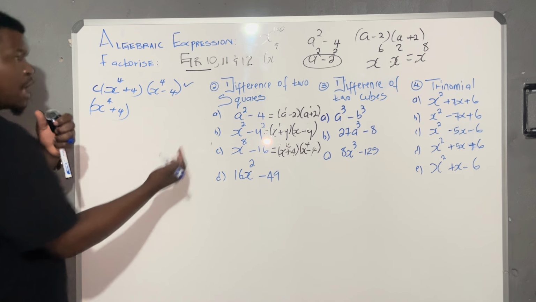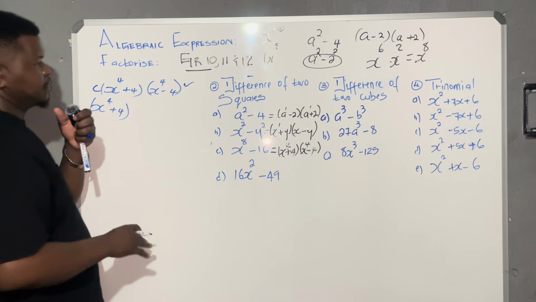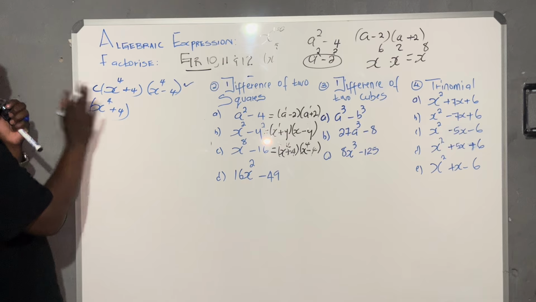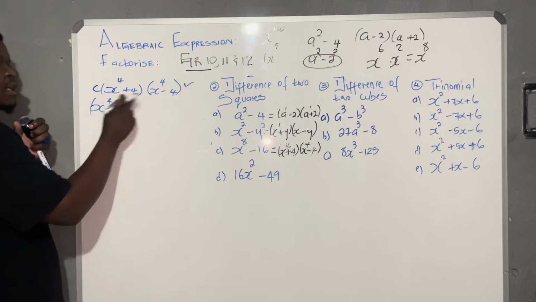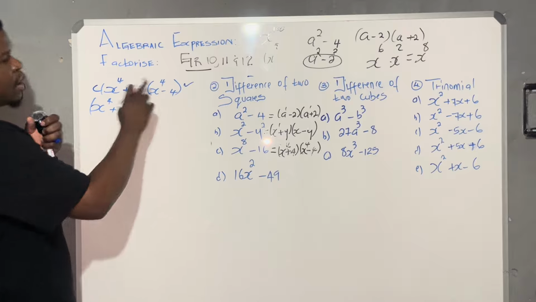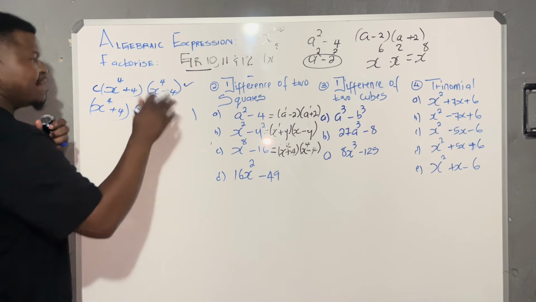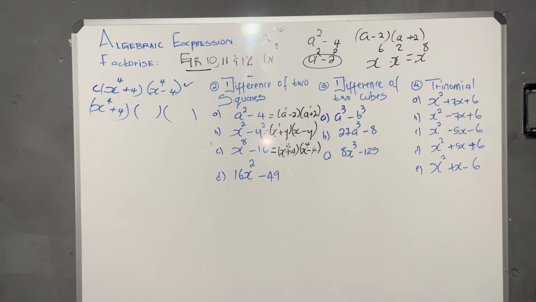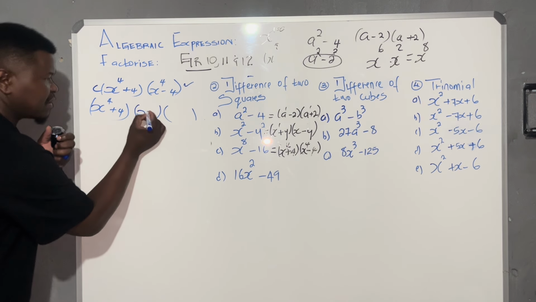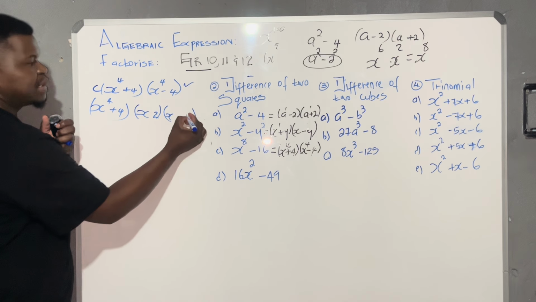By saying difference, difference is the result from subtraction. So this one is addition. Ignore anything that has addition. Look at the one that has subtraction. Now take it further. That means let me factorize this one even further. So it means I'm still going to say x, x. 4 consists of 2 times 2.